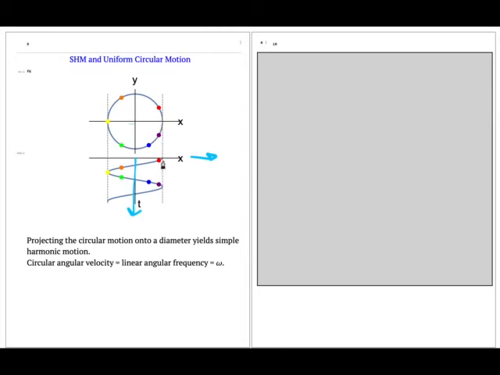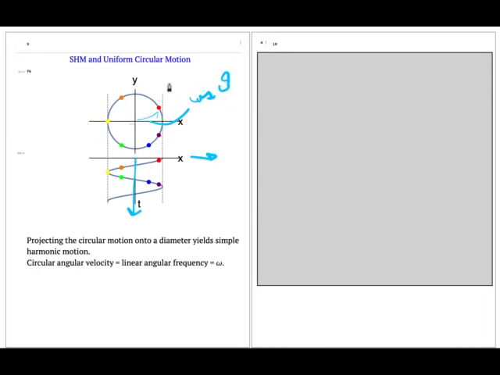It's undergoing a periodic motion where the amplitude is r. And in fact, it's simple harmonic motion, because the projection onto the x-axis is cosine theta.